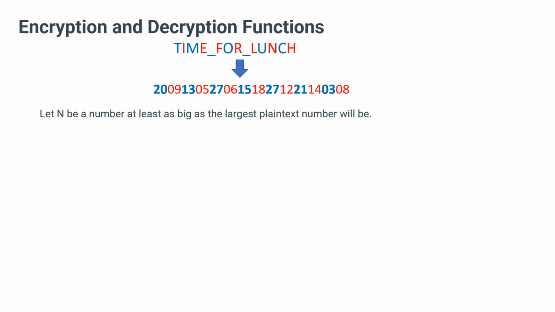We said the unencrypted text is called plain text. And then we're going to use a secret key to encrypt it, and then that will be called ciphertext, right? So here, this is our plain text, this 2009 number, and so we need to come up with a number at least as big as anything that could be.